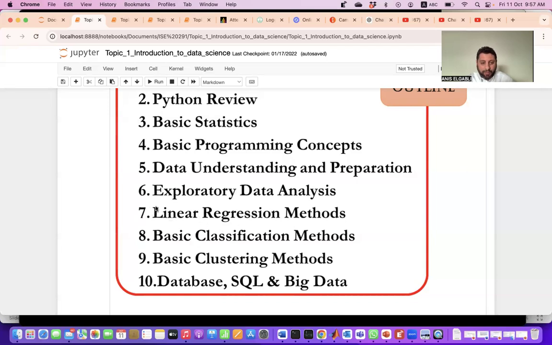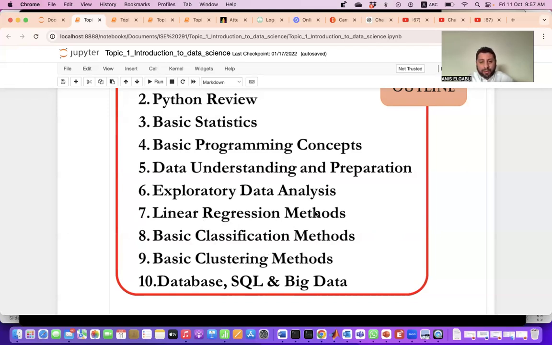So we will work with linear regression, basic classification using decision trees, as well as Bayesian classifiers. We will also, at topic 9, study how to do data clustering.